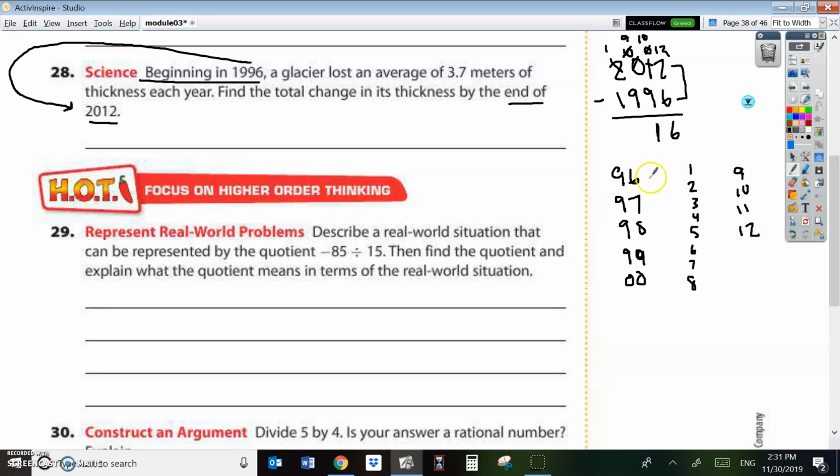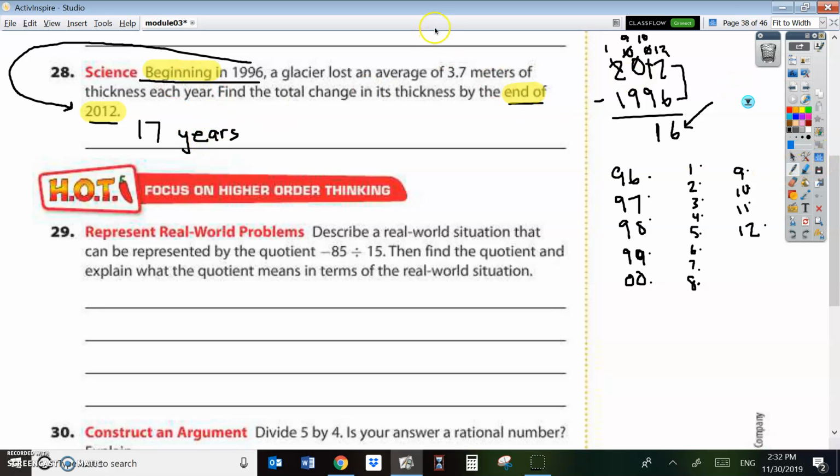How many years is that? 1, 2, 3, 4, 5, 6, 7, 8, 9, 10, 11, 12, 13, 14, 15, 16, 17. So it looks like 16 years, but it's really 17 years because you're starting in the beginning of 1996 and at the end of 2012. So don't get tricked by that.